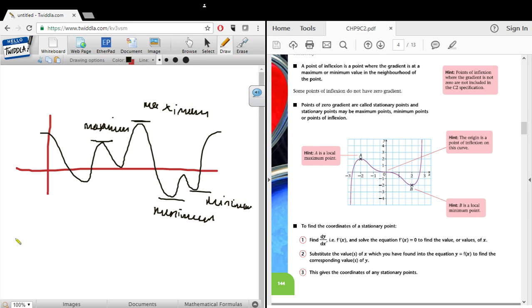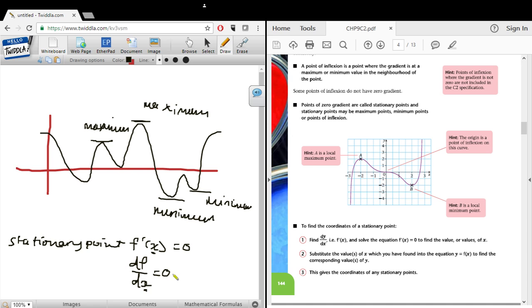So if you're asked to find stationary points, where f'(x) equals 0, or df/dx equals 0, they mean the same thing. This is the function f, and this is the coordinate point x. So f differentiated with respect to x equals 0.